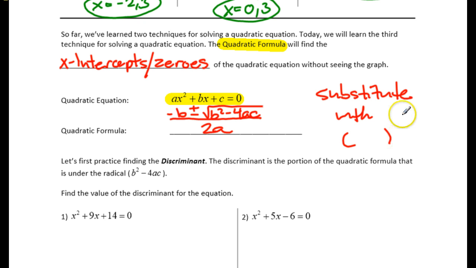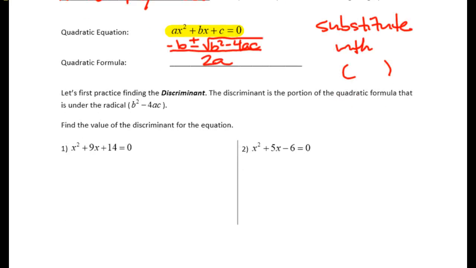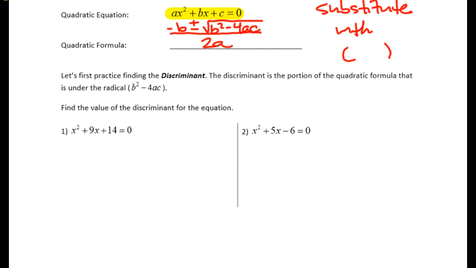Okay, if you don't, it's going to throw your answer off. Alright, and then the other thing that's important that we've talked about this chapter, because we're taking the square root of all this, it gives you 2 answers technically, a positive and a negative. Alright, so we'll show you how to actually use this. Alright, so I'm going to go ahead and skip this stuff about the discriminant. You don't really need to worry about that.